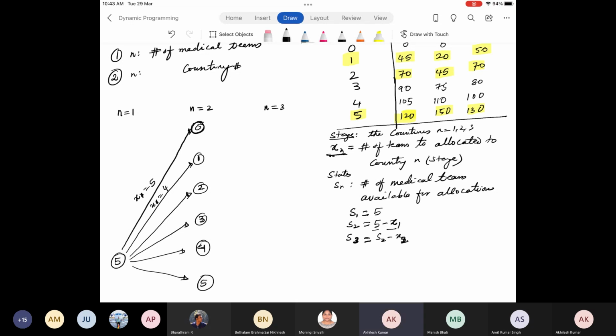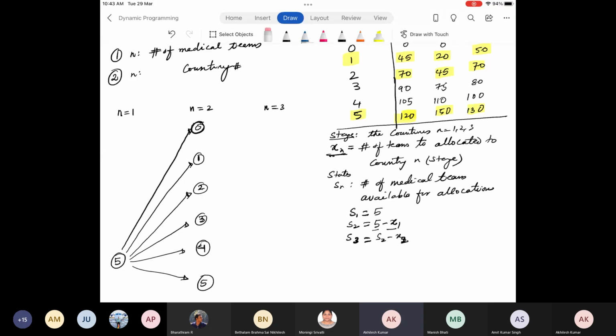We are not allocating anything. We are just exploring the possibilities I have. And when I take a decision, which is Xn, in this case X1, the number of teams allocated to country 1, that will change my state in stage 2. Is it clear to all of you? Yes, sir.